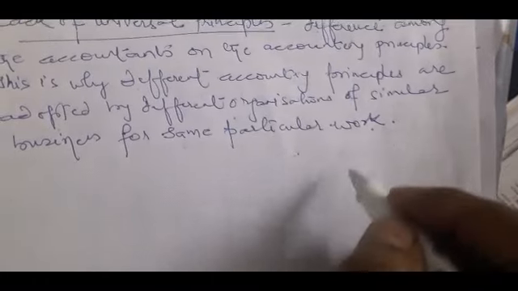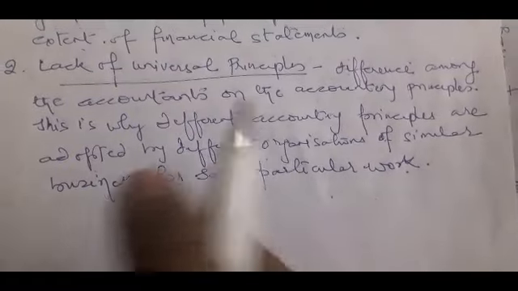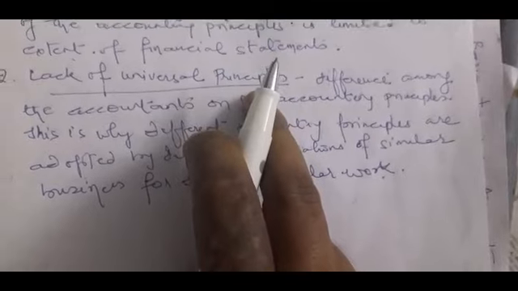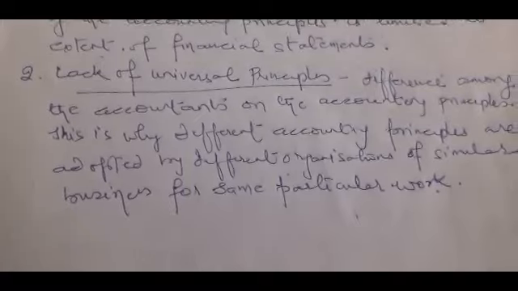Different organizations apply different principles because there is a lack of universal principles. There is a difference of opinion among the accountants on these accounting principles.